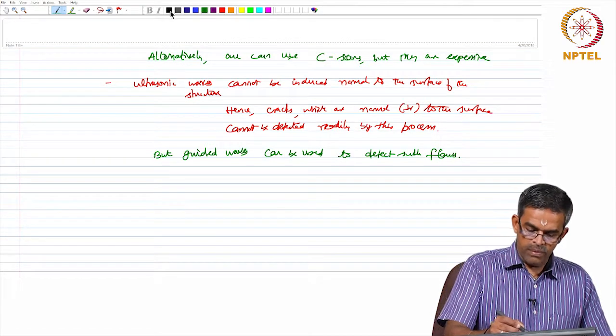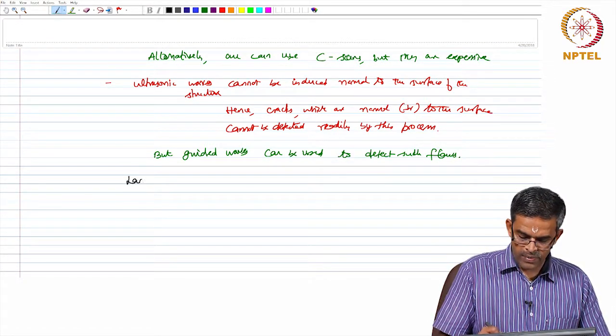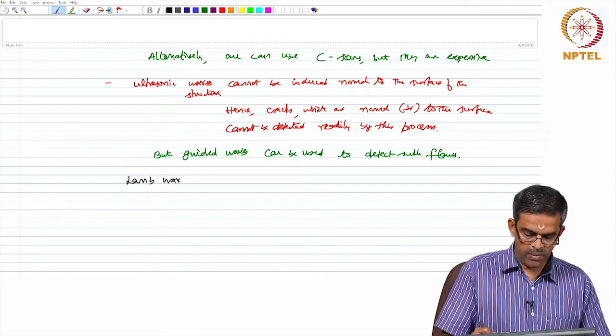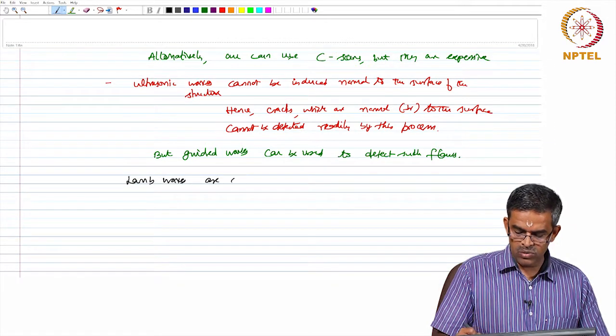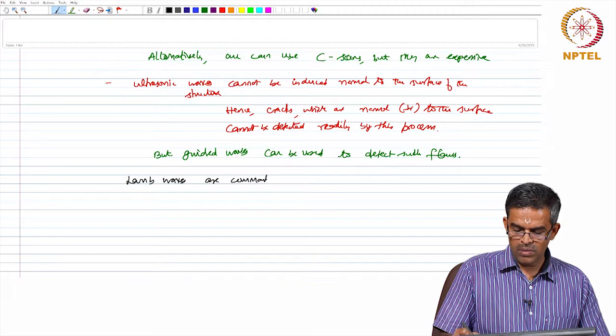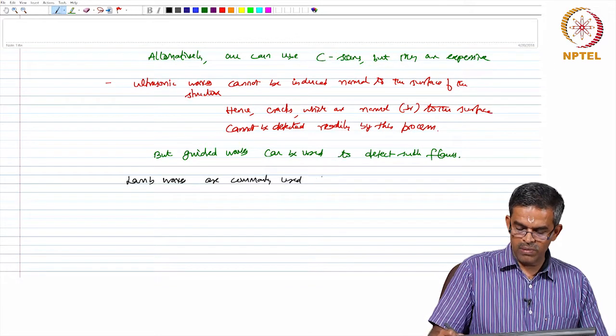For example, Lamb waves are commonly used guided waves.